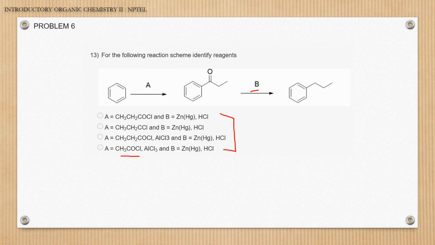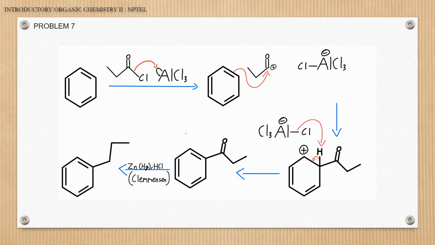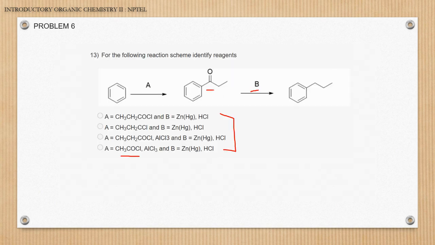Third option. Okay. So does anyone have any other answer rather than C? See what will happen here. The mechanism here is that you need this particular ring at this position.